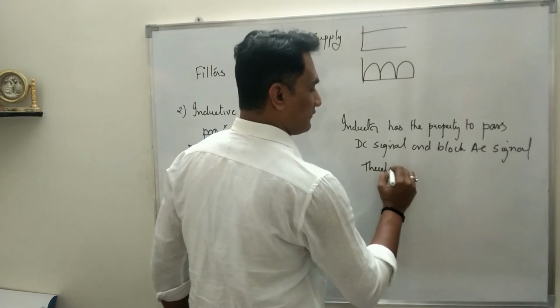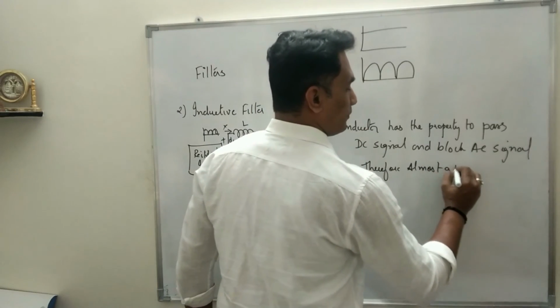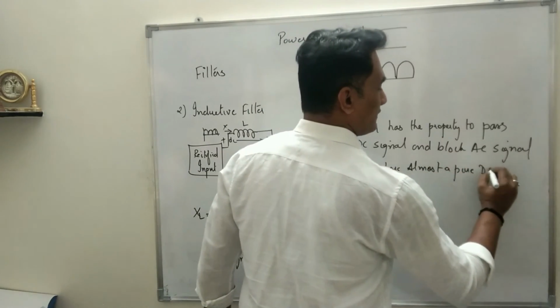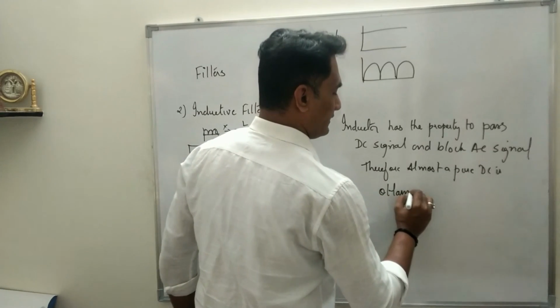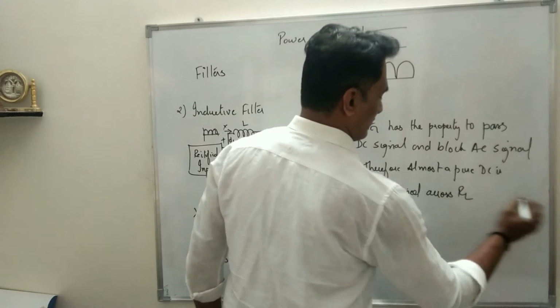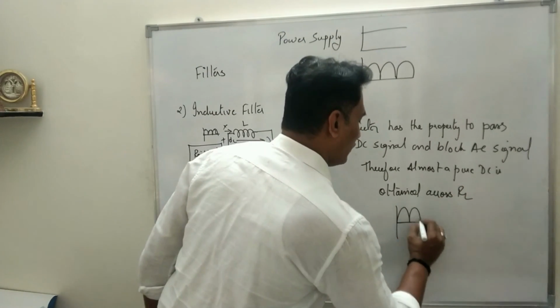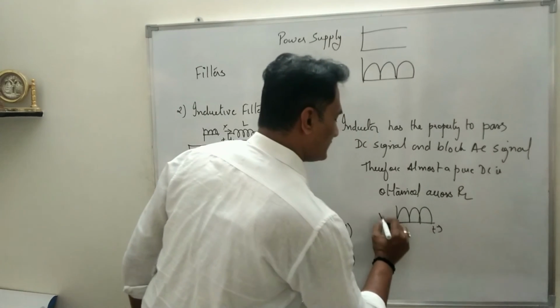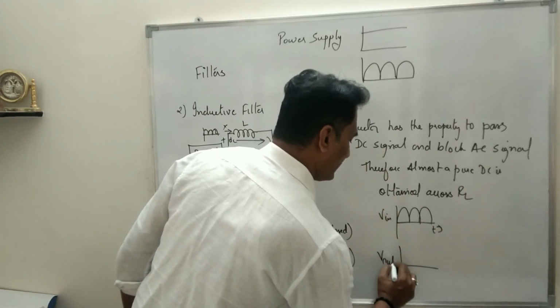Therefore almost a pure DC is obtained across RL. So if this is the input signal which has both AC as well as DC components, the output signal will appear like this.